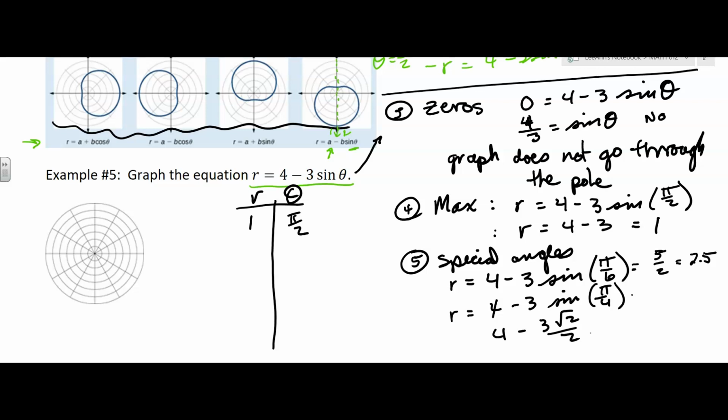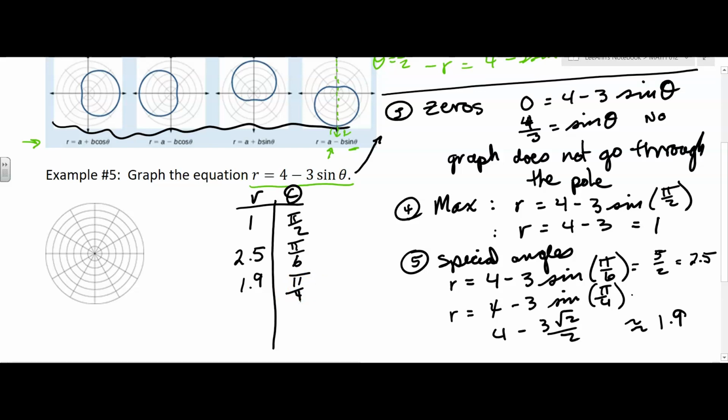And I'm getting about 1.9. So let me put these on my table here. When we had 2.5 for the radius, that happened at pi over 6. And then we had 1.9 at pi over 4.